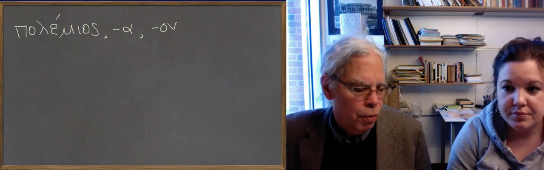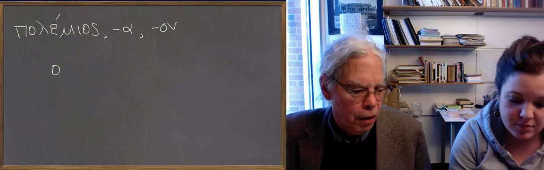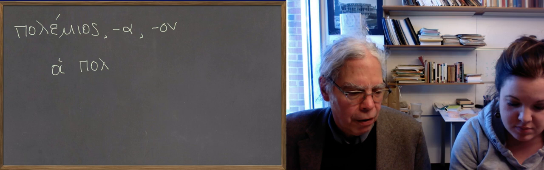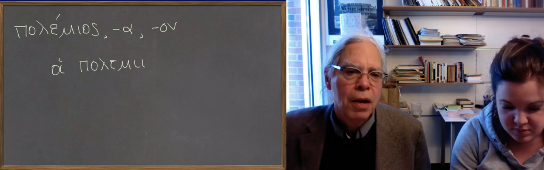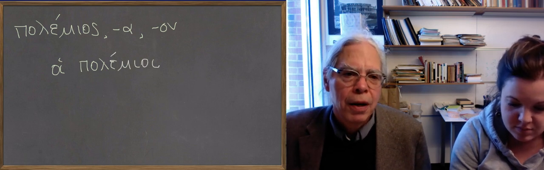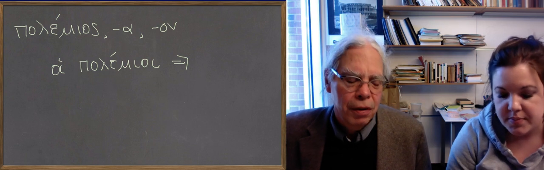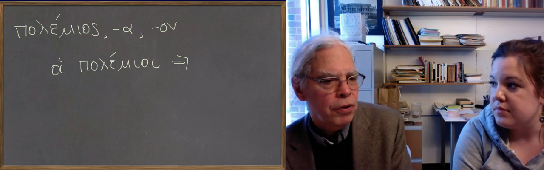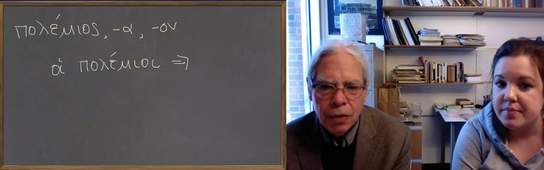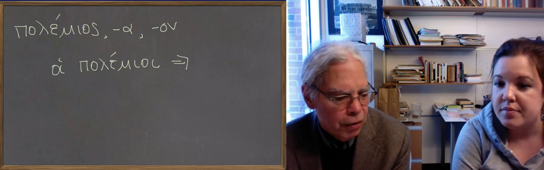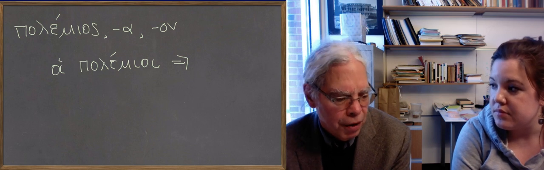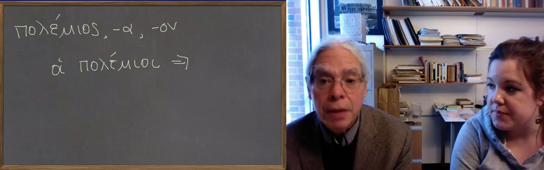But it occurs more often than not with a nominative or plural article in front of it, as in hoi polemioi. And this is a gotcha. It looks like that means the hostile ones, and according to the use of the article that we learned in the video about the new uses of the article, that's what it should mean, but it doesn't.